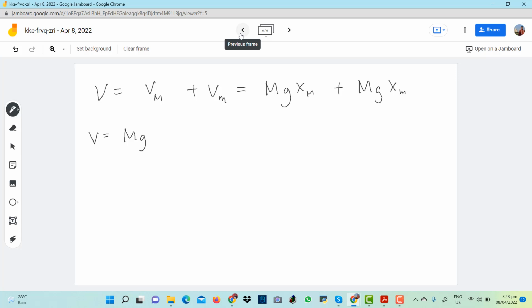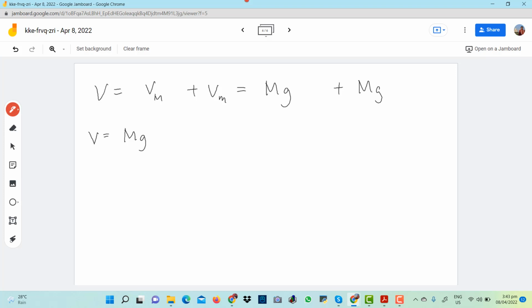Not the position but the height. Right, sorry, not just the position, what you take is the height. You do not include the x or horizontal position, only the vertical position. Because potential energy is mg times h, no?